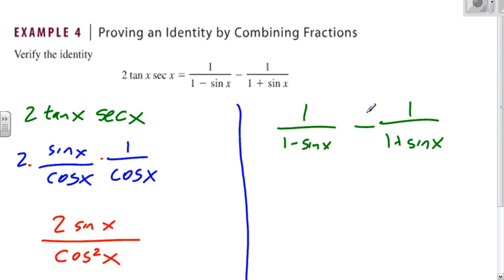And then let's go ahead and look at the right side of the equation now. Let's do some work over there. So since we have 2 fractions, we are going to combine them by getting a common denominator. So this one needs to be multiplied by 1 plus sine on top and bottom.